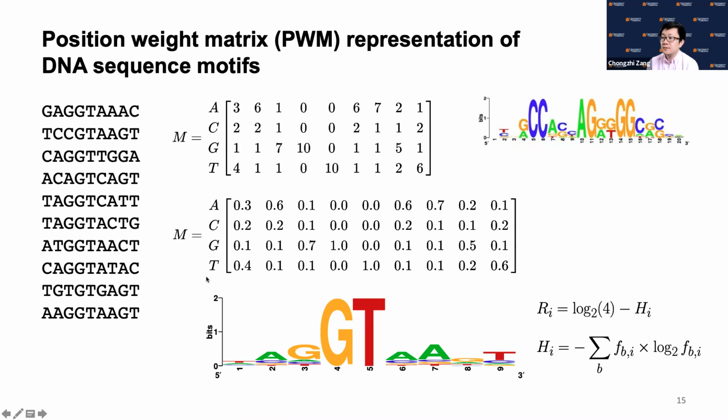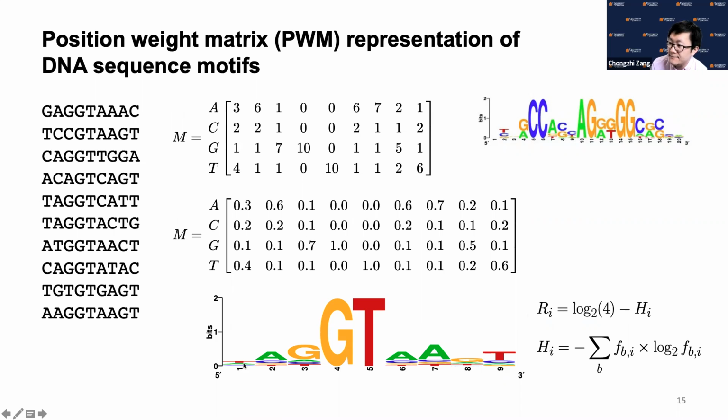This matrix is the so-called position weight matrix. At each position, each base has a certain weight representing the frequency with which this base occurs at this position. It is very intuitive. And then we just plot each base in such a sequence logo plot.